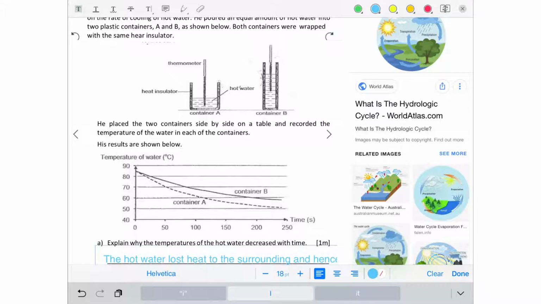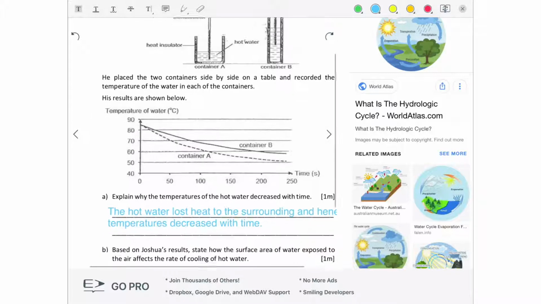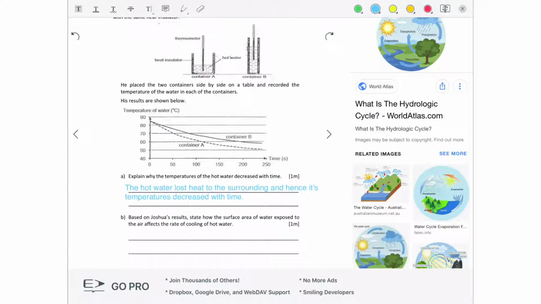Hence, its temperature decreases with time. Right? Lost heat to the surrounding. This part is okay? They're not asking why the difference.